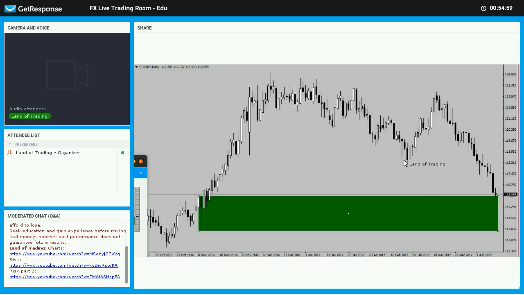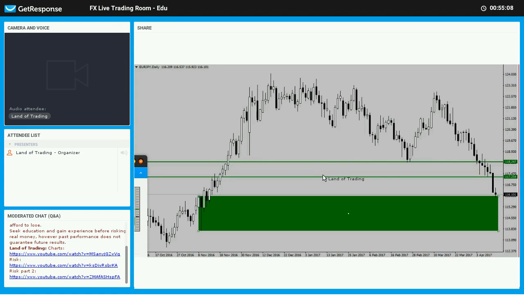So what would be my approach here? It looks like, based on the daily, the possible supply is closer to yesterday's high, closer towards 117, so almost 100 pips from here.